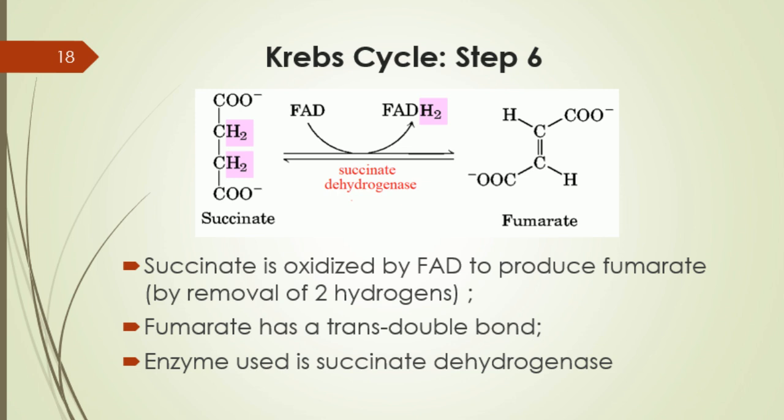The sixth step is dehydrogenation of succinate to form fumarate, which contains a trans double bond, and a FADH2 molecule. Succinate dehydrogenase, an enzyme, is strongly bound to the inner membrane of mitochondria.